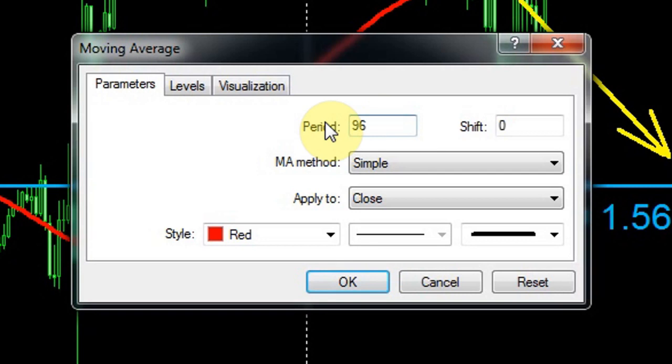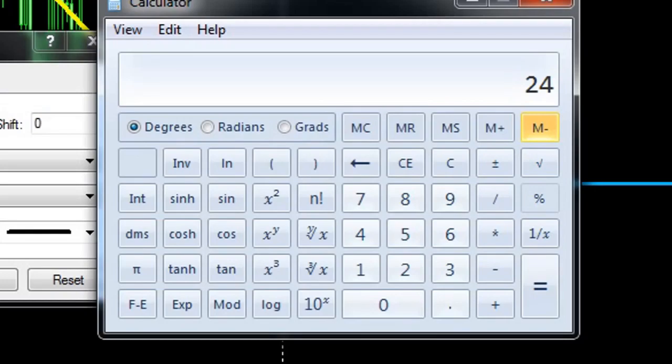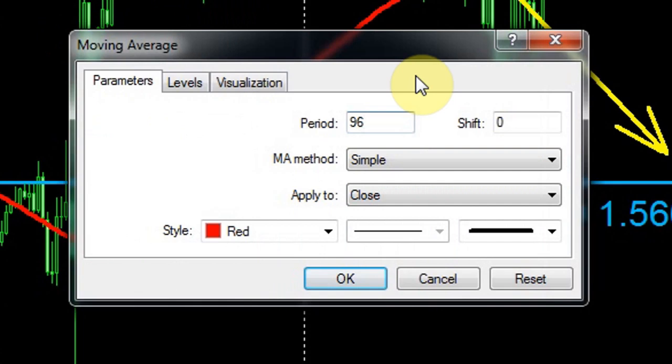And the reason why I chose 96 is because there's 24 hours in a day, and there's 4 M15 bars in an hour. So if we take 24 and we multiply it by 4, we'll get 96. So that means 96 of these M15 bars actually represent one full day. And it's always good to have these reference points.